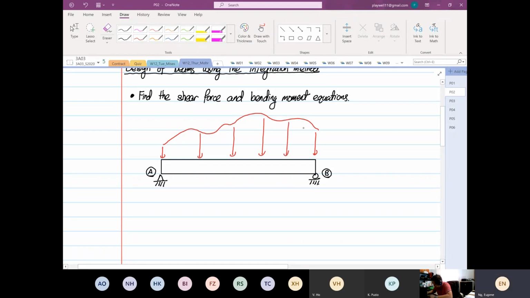So this is omega as a function, the function of the distributed load.